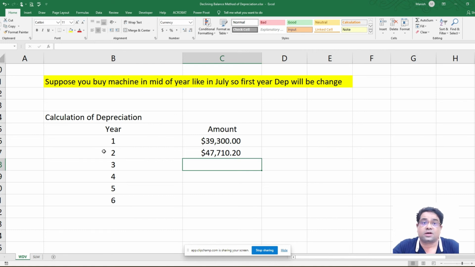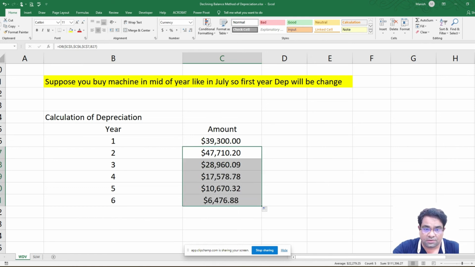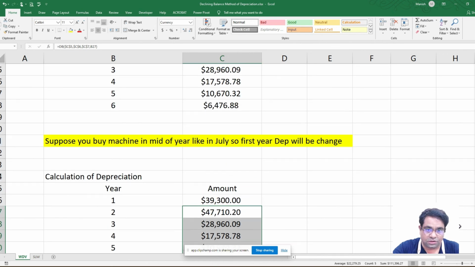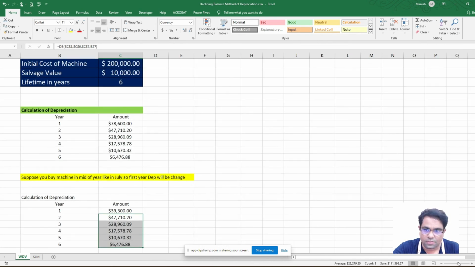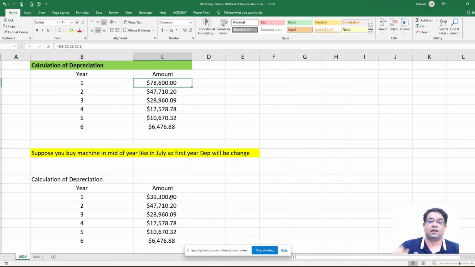Because I put the dollar sign, the upper figures will be fixed. Now you go for 6 years and the depreciation comes. You can see it's very easy here. Let me minimize it so it's easy to understand. Here the first year figure is $78,600 and this year is $39,300. Why? Because in the first case we buy the asset on 1st of January, but in the second case we buy it on 1st of July.